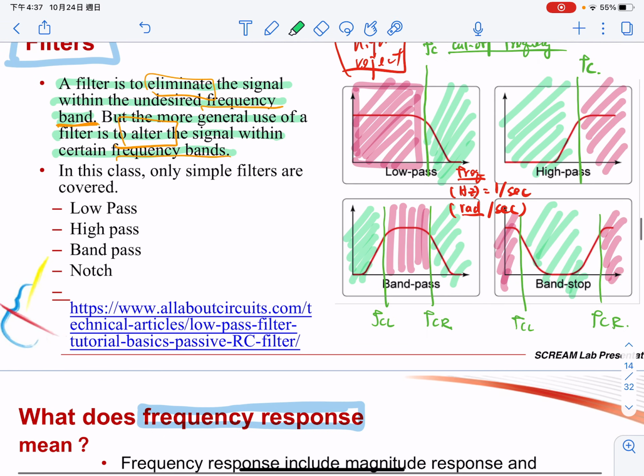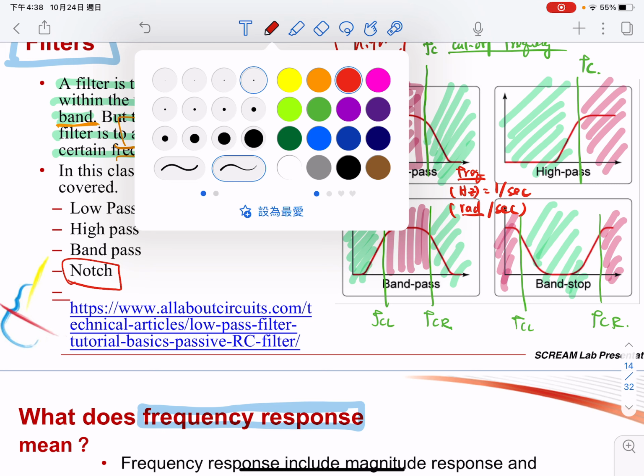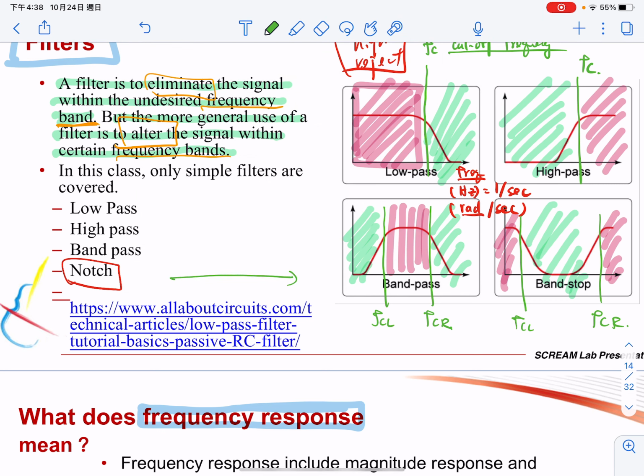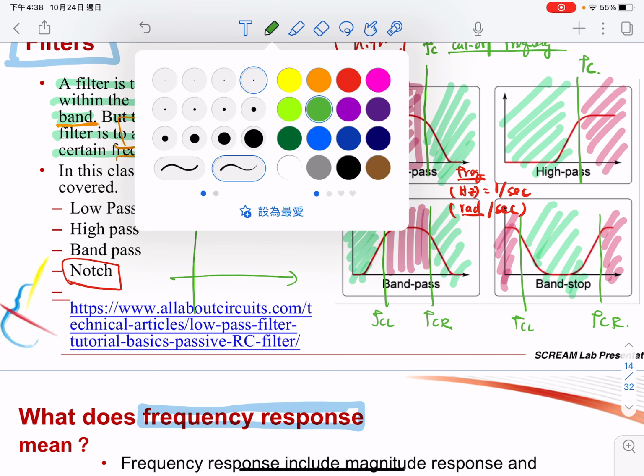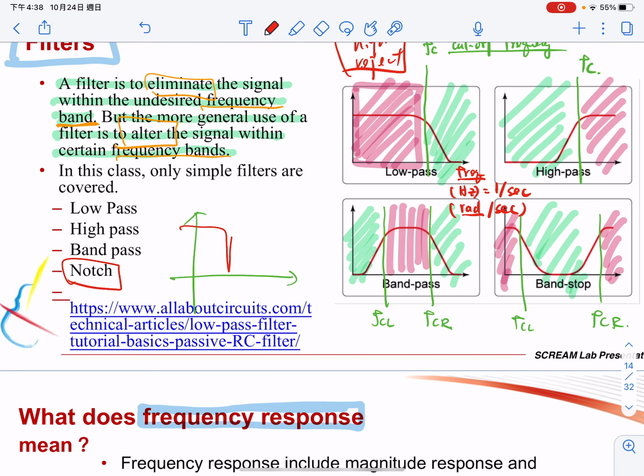The other one is very similar to the band stop filter. It's called a notch filter. Notch filter has this kind of characteristic. The purpose of the notch filter is just to take off the content of the signal at a specific frequency, for example, 60 hertz. Because 60 hertz is usually noise coming from our power line, and it makes a lot of trouble when we analyze signals, so we want to take it off.